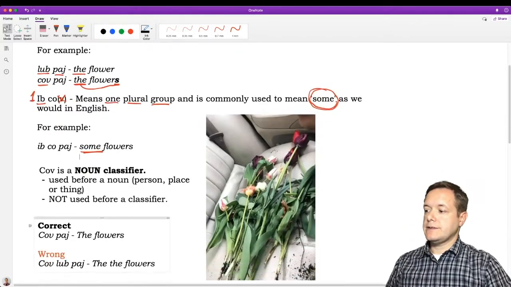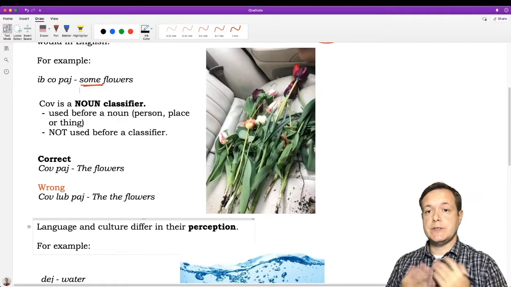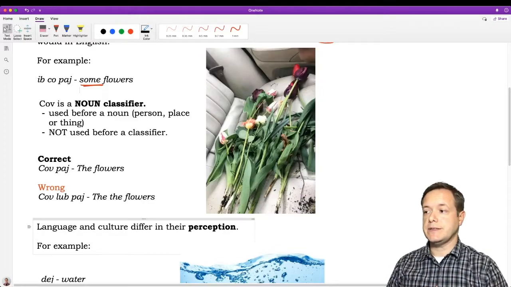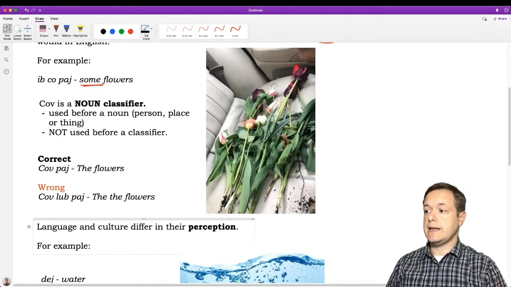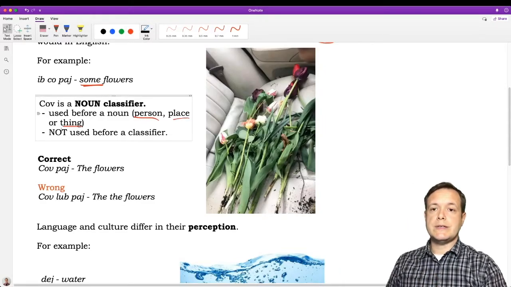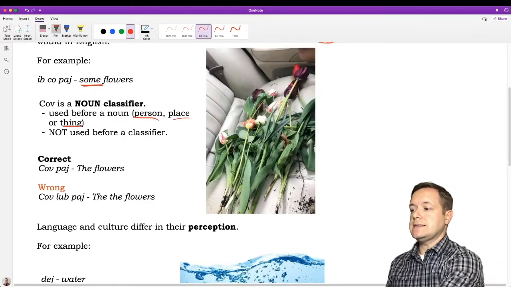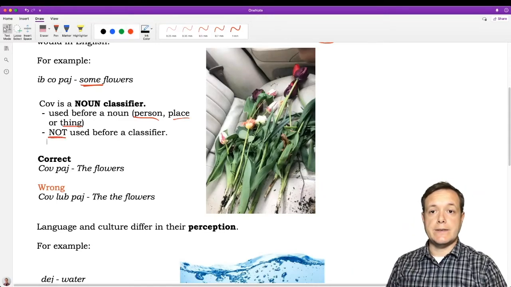Okay, so jaw is a noun classifier. It is an official noun classifier, and that means a number of things for us. One, it's used before a noun, which is a person, place, or thing, as we hopefully know. But more importantly, the second thing here, it cannot be used before another classifier.